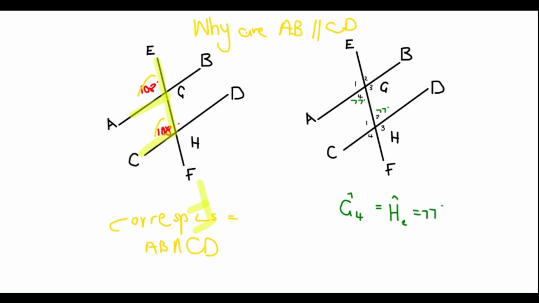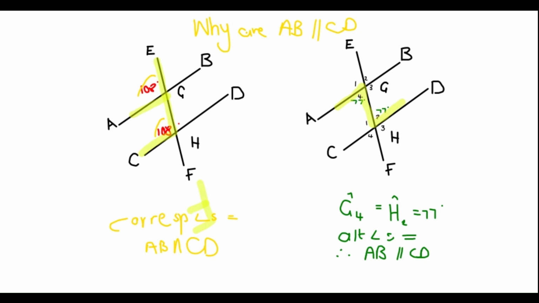Now, because this is the case, do you also notice a letter? I can see the N or the Z forming, and thus these are alternate angles. And because the alternate angles are equal, we can say that is the reason for line AB and CD to be parallel. So this is just a basic example. You will have to look for angles that are equal.